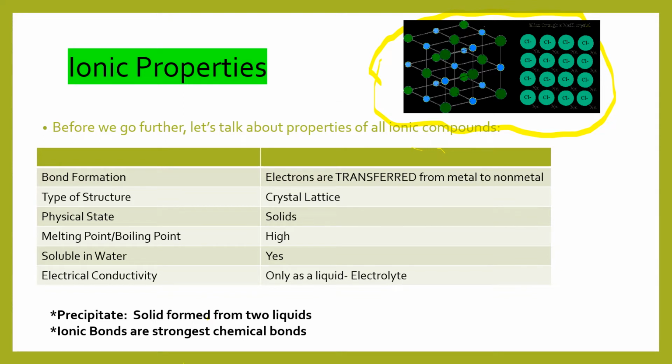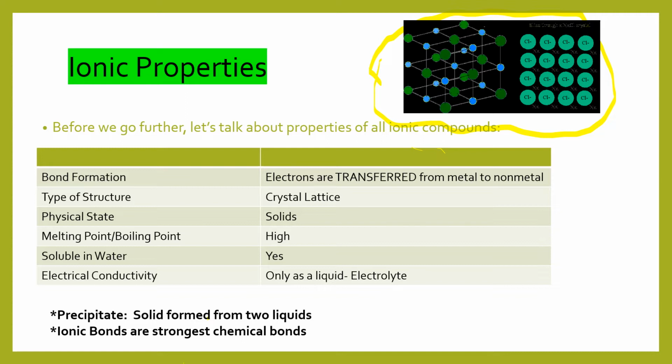Okay, so in this crystal lattice, you have your negative chlorines and you've got your positive sodiums in the blue. So each positive sodium is going to be surrounded by negative chlorines. Each negative chlorine is going to be surrounded by positive sodiums. And they have ionically bonded to one another, so given and taken electrons. This is a really strong bond, okay? It's hard to break this bond down. Because of that, their physical state will be solids.